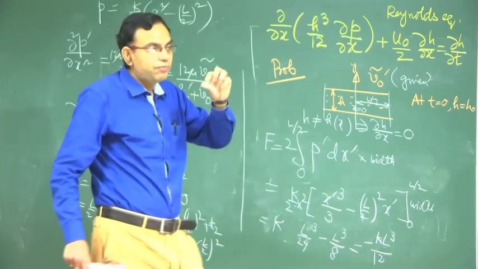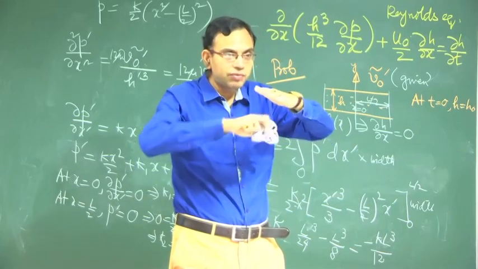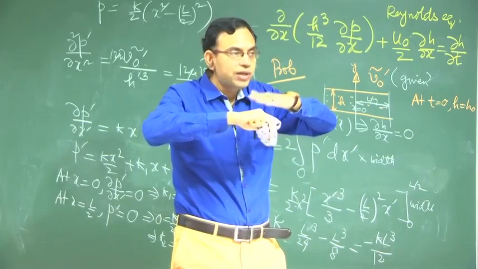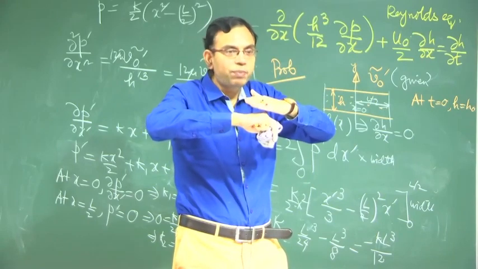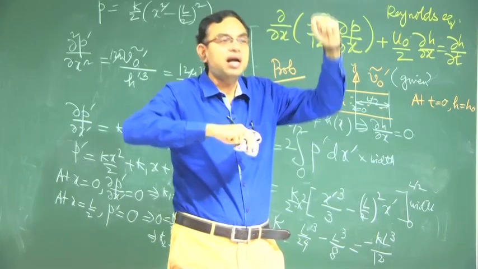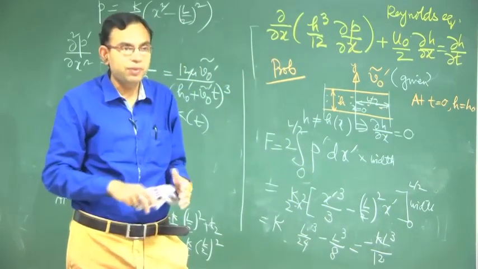Therefore, the force will be tremendously high. That is why, if you have two plates and you want to put an adhesive in between, when you approach the two plates you will feel a tremendously large resistance. These are very common day to day experiences.